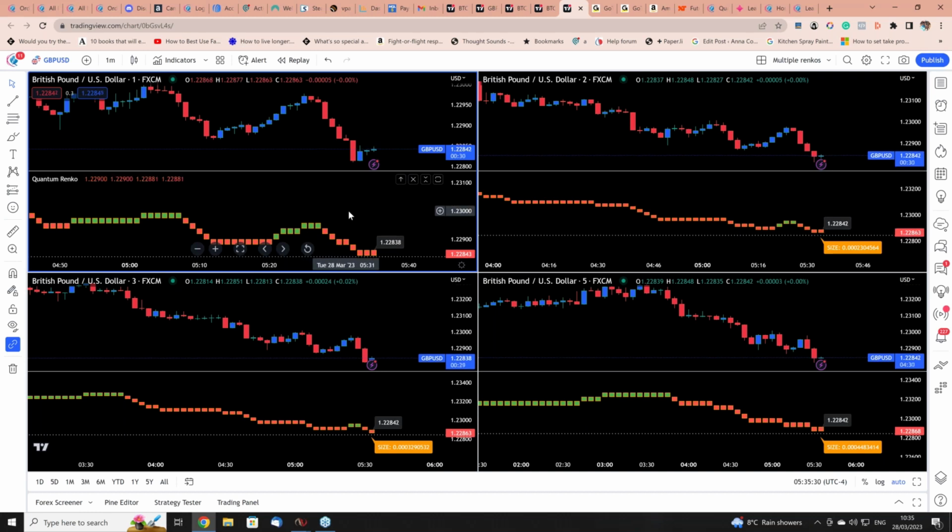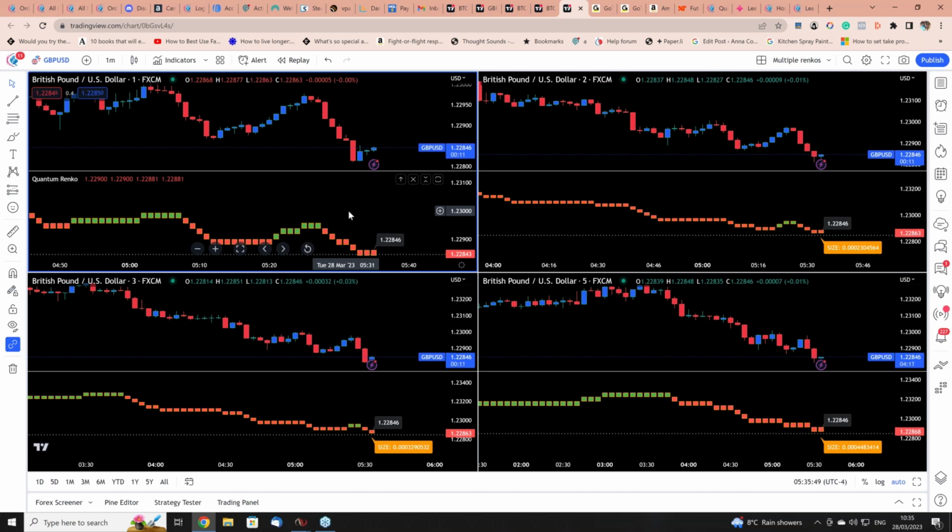When you're looking at a Renko indicator, because Renko is independent of price, it's very hard to actually identify where a price action has taken place and where it is associated with the price action.